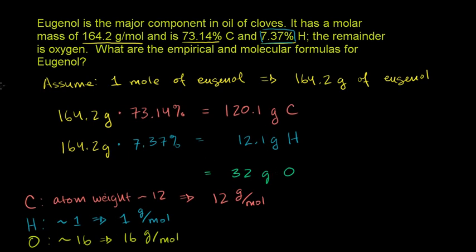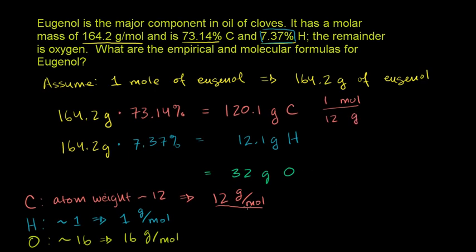So let's do this. It's 12 grams per mole, but we want to divide by grams because we want the gram to disappear in the numerator. If it's 12 grams per mole, that's the same thing as 1 mole for every 12 grams. All I did is take the reciprocal.